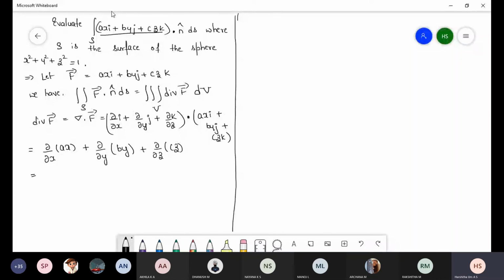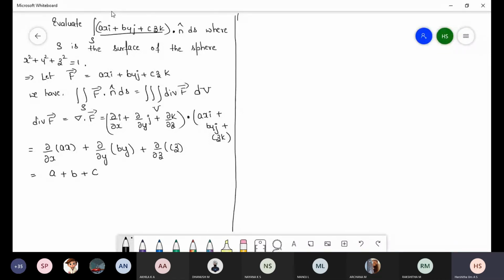It is a plus b plus c. Same thing we have to substitute in the Gauss divergence formula.